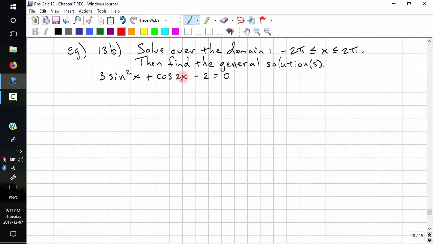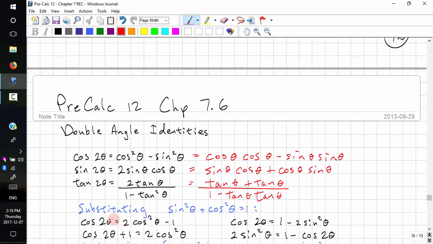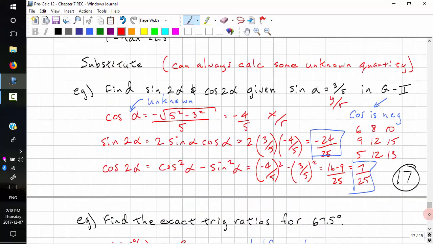And the cosine double angle identity has lots of options in it. So we can go to complete cosine, we can go to complete sine. And in this case, it makes sense to go completely to sine because we already have sine.